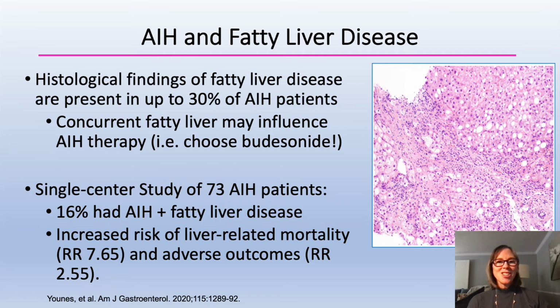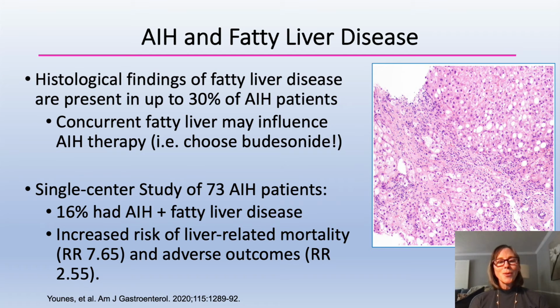And shown here is a picture of a liver biopsy tissue, and all the white circles are excess fat that is stuck in that liver. This is important to know because if you have fatty liver disease at the time of autoimmune hepatitis diagnosis, it may influence your first-line therapy.